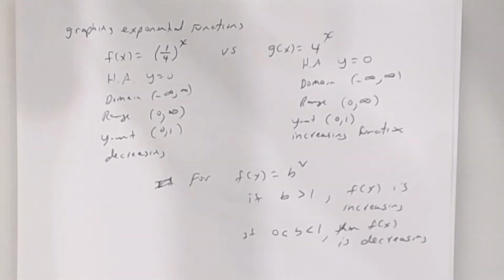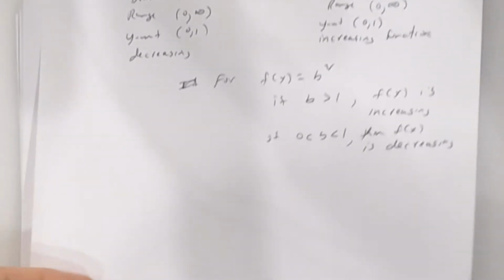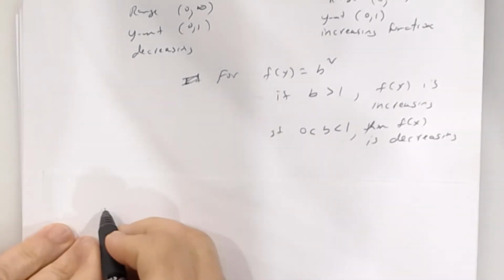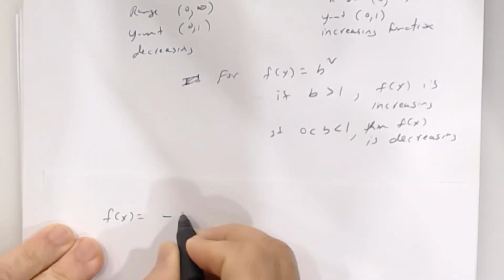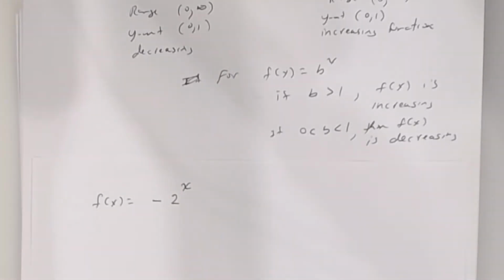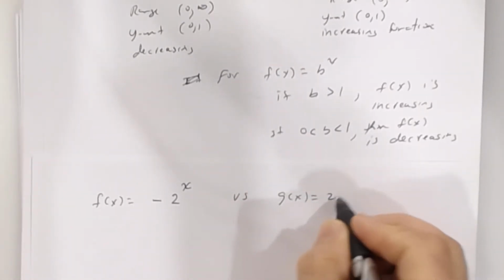Okay? All right. Now, let's look at this. What if I wanted to graph negative 2 to the x versus g of x, which is 2 to the x?